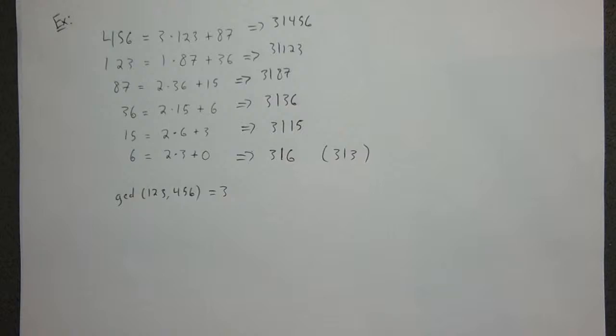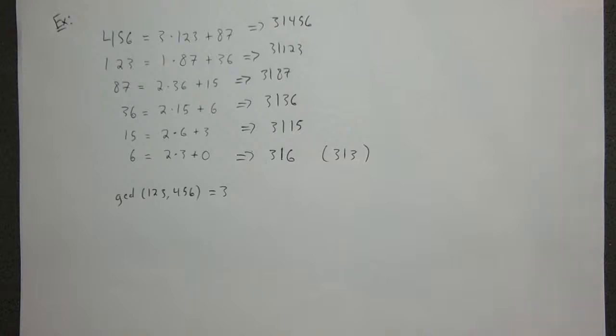But what is actually the reasoning behind 3 being the GCD? Recall we actually used the other example last time to show this, but the idea is that we've gone up to show that 3 is a common divisor.